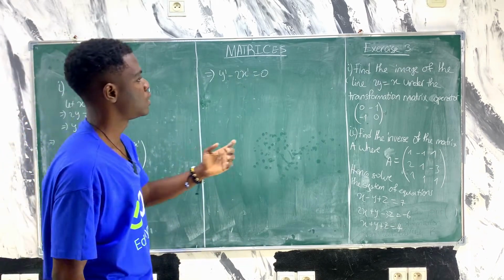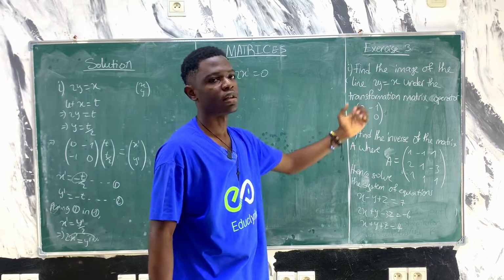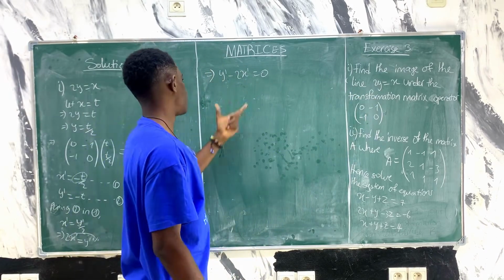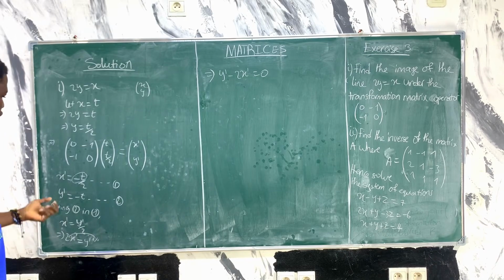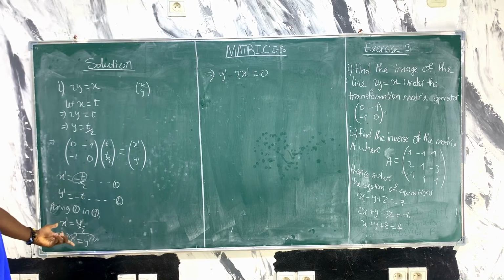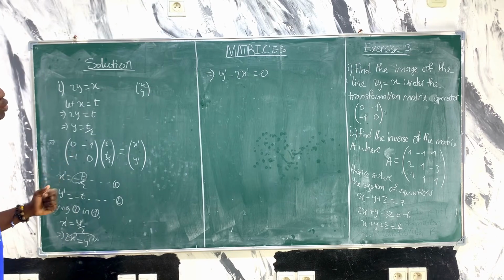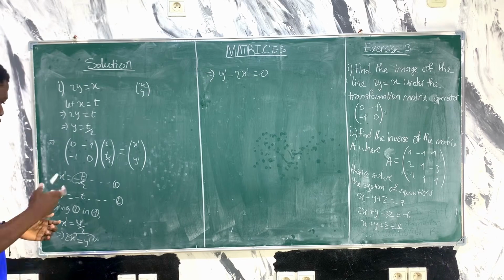They gave me the image of a line. I should put that image back in a line form. So I should change it from this to that line form. That is why I make it like this. And I have it in line form as y prime minus 2x prime is 0. So that is actually it. That is how it is done.